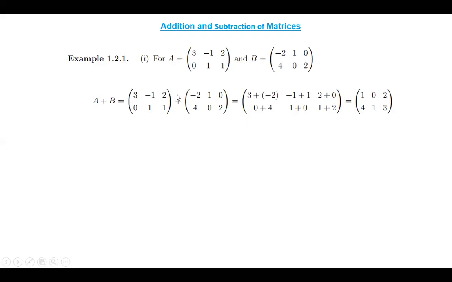When you add 3 plus -2, you get 1 there. When you add -1 plus 1, you get 0 there. When you add 2 plus 0, you get 2 there.